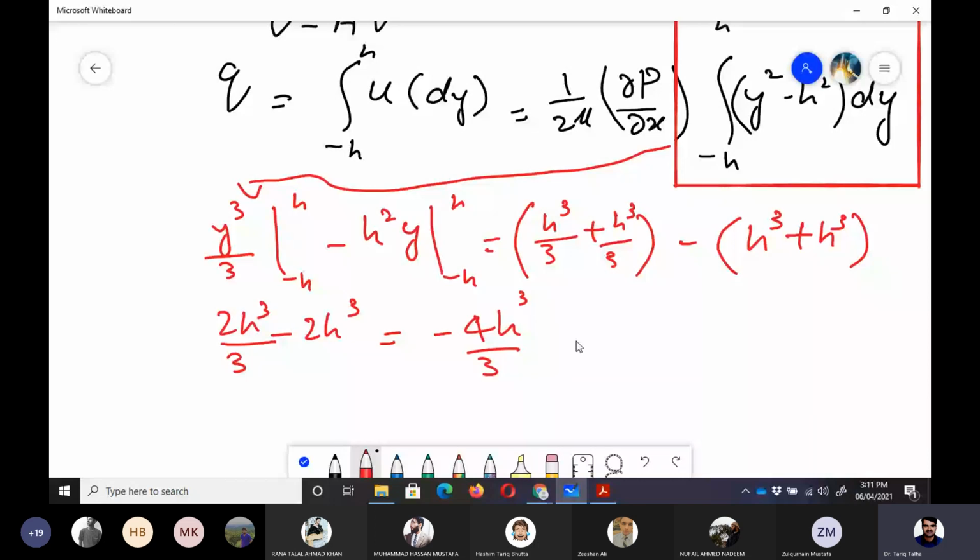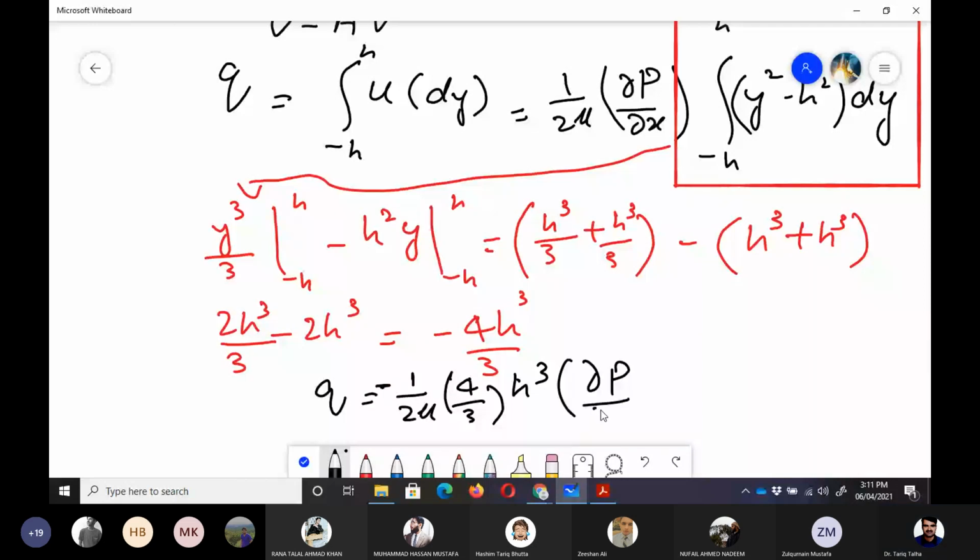So now we need to put it here. So if we put this, Q would be equal to 1 upon 2 mu, into 4 by 3 h cube, and it should be minus here, and then here partial p by partial x.